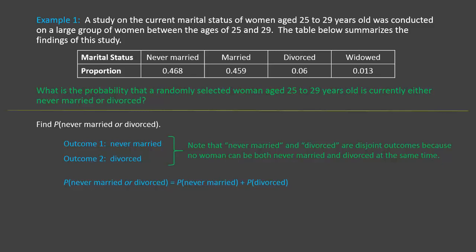Up here in the chart, we see that the probability that she has never been married is 0.468 and the probability that she is divorced is 0.06. We will add those two probabilities for a sum of 0.528. Therefore, if we randomly select a woman between the ages of 25 to 29 years old, there is a 0.528 chance that she has either never been married or is divorced.